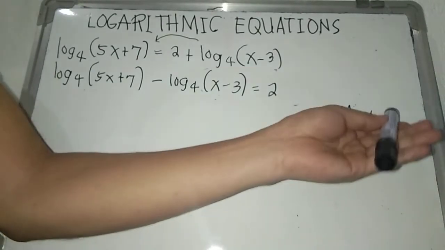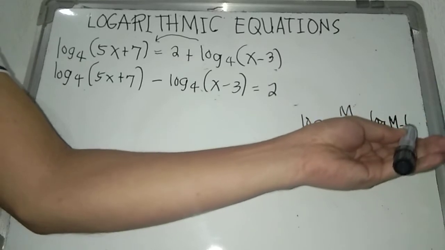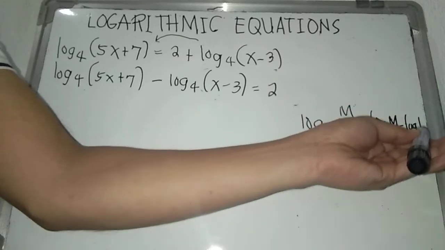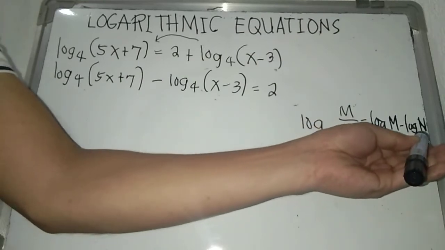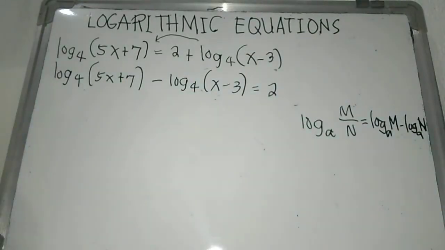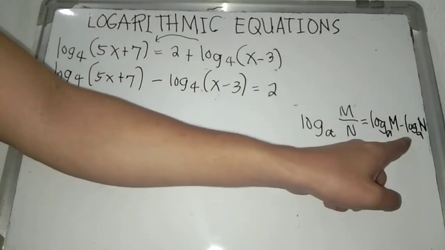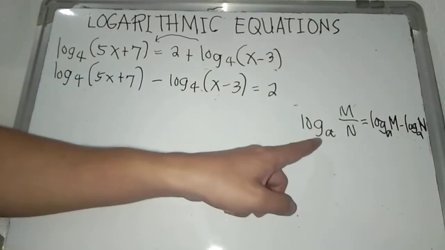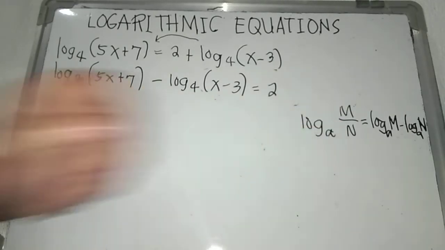So again, we have here log m minus log n, having the same base of a. And this is actually vice versa, meaning to say the right can be transformed into this expression, log of m over n with the base a.